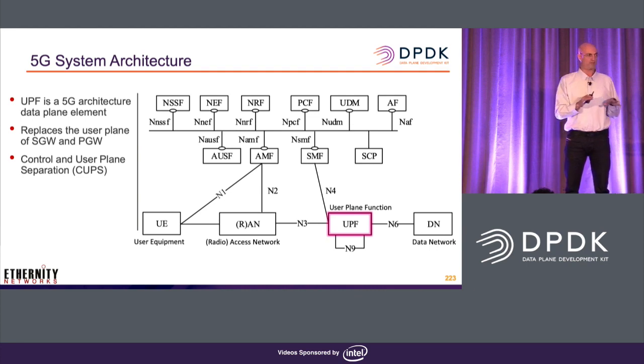And UPF is the switch element. And in between, you have the N4. N4 is a new interface. It's an SDN interface. It connects the SMF, which is the SDN controller, and the UPF, the data plane element. But they invented a new interface. 3GPP likes to invent stuff. So they invented a protocol called PFCP. PFCP is for controlling the UPF functionality.